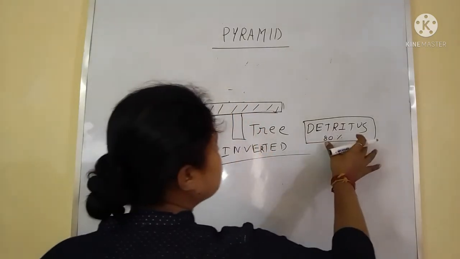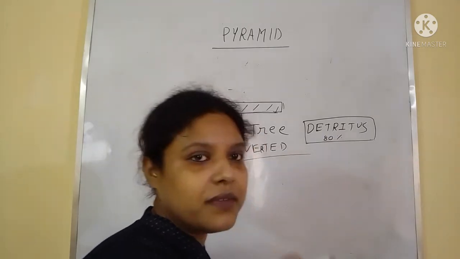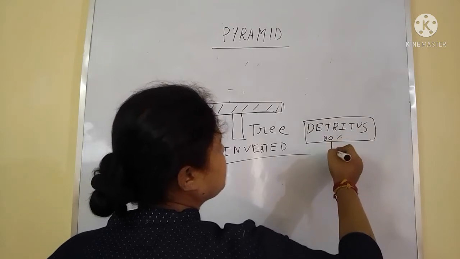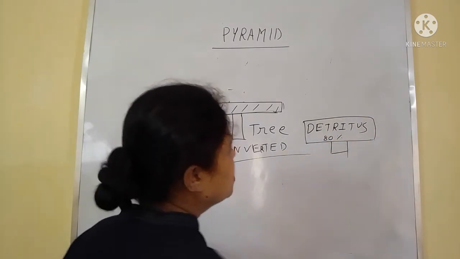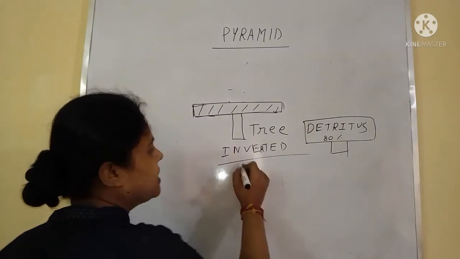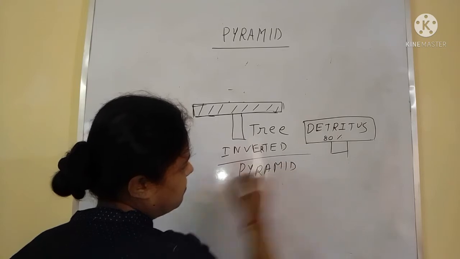But the energy taken by the next trophic level is very little. So these are the two examples where we see the inverted type of pyramid. Clear?